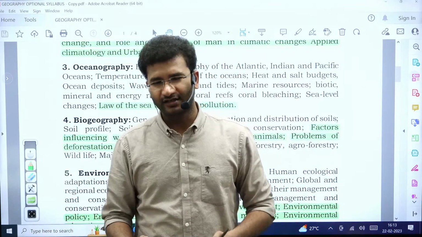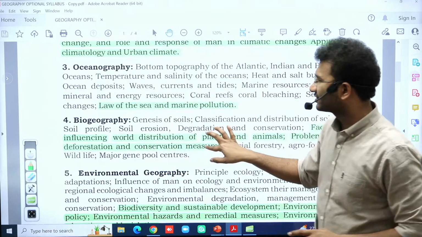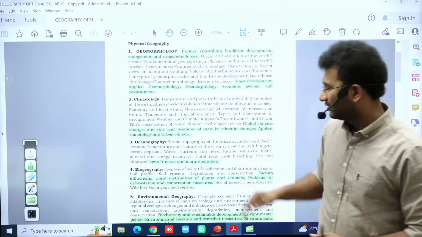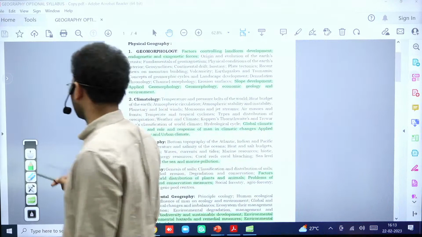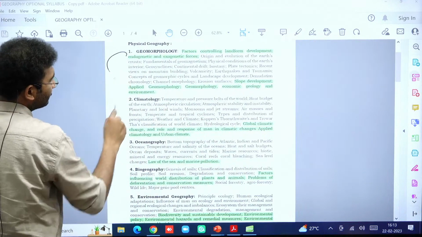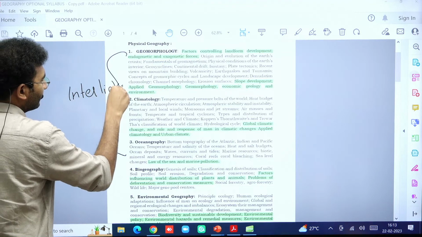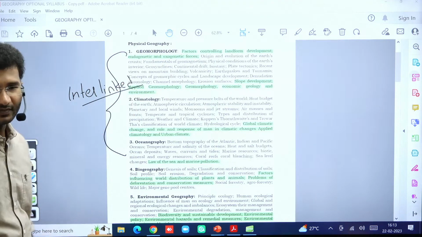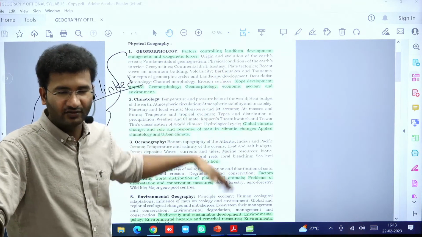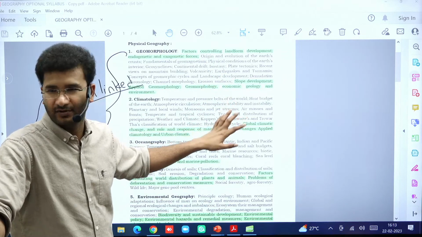Usually the subject is called technical because these subjects are interlinked. These three, if you miss out 10 classes out of this, you will not be able to understand it properly.